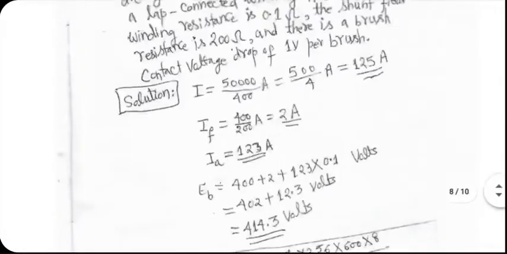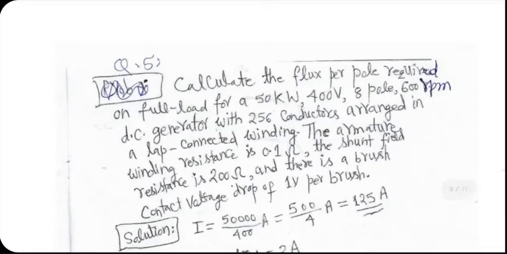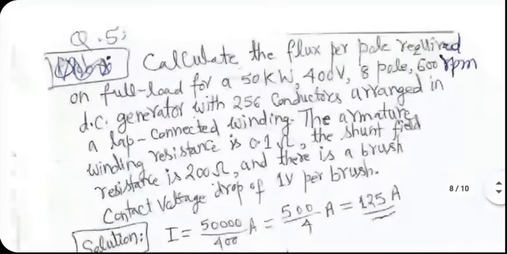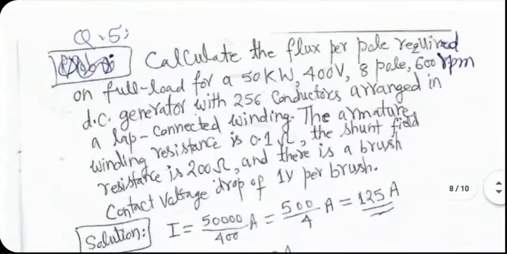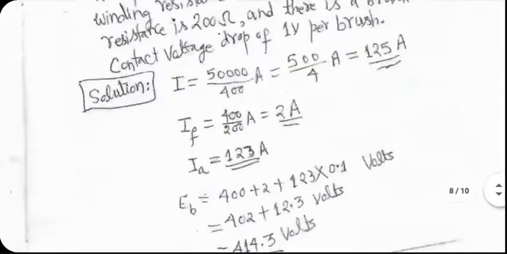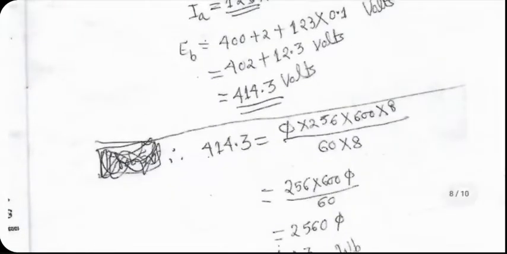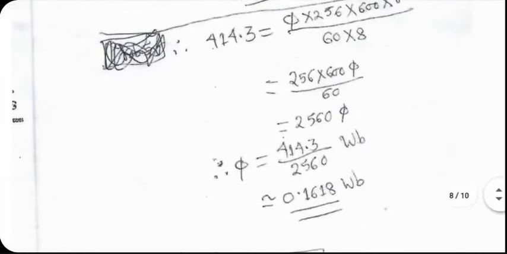And after that, of course, the second part, which is flux per pole required. For that you apply the standard equation. Once EB is known, you apply phi ZNP divided by 60A. Everything is given except phi. So from there you calculate phi. Obviously, the value shown here is not correct. It will change a little. Okay.